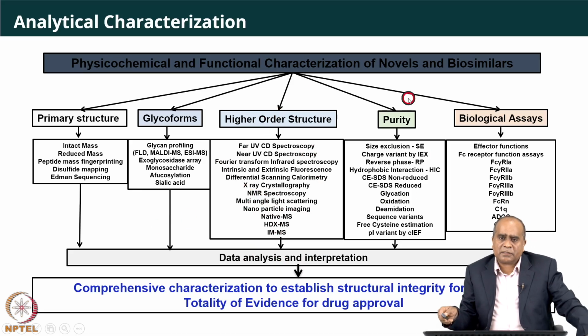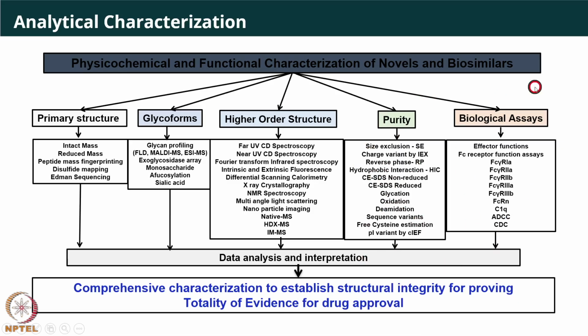Then during purification you require downstream processing people who know very well size exclusion chromatography, ion exchange chromatography, reverse phase. So, again you require a great deal of expertise. Finally, you have to have a bioassay lab where you can see the effectiveness in a cell based assay or receptor based assay.